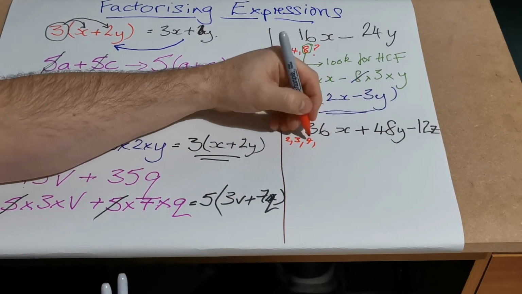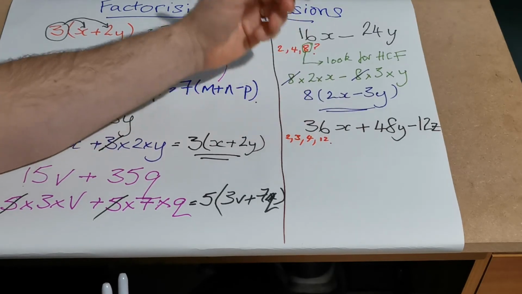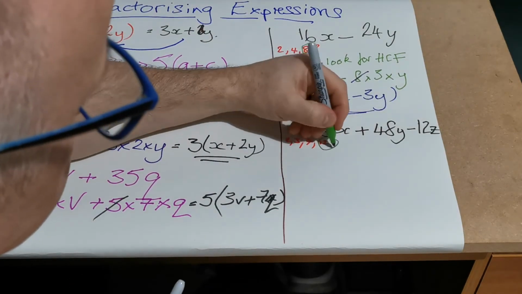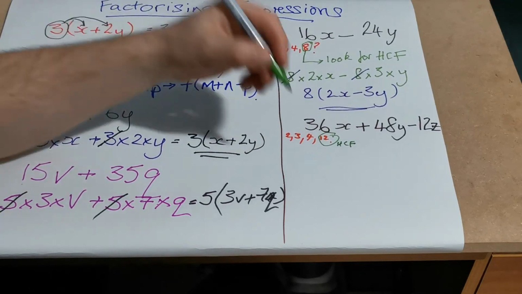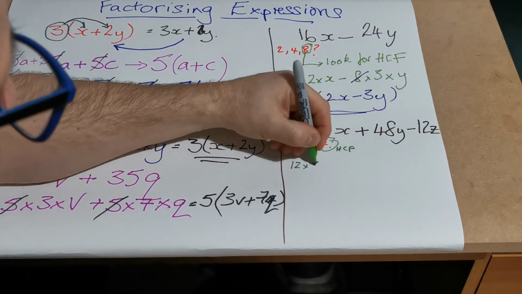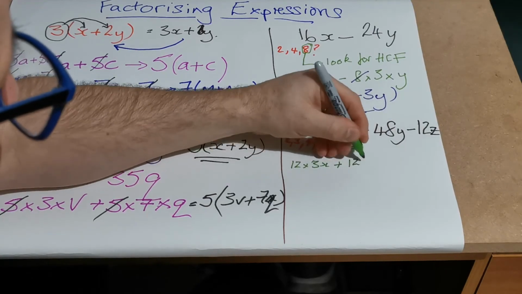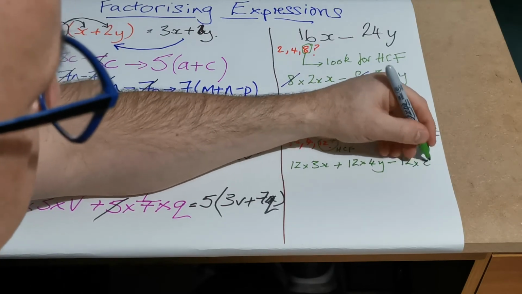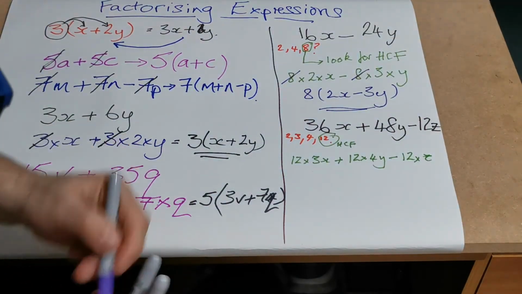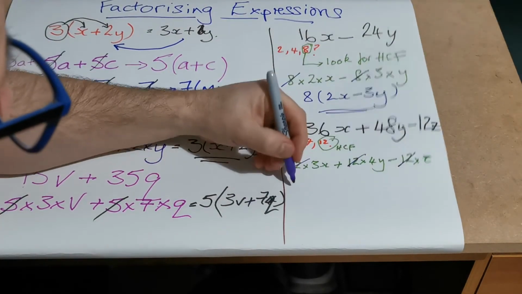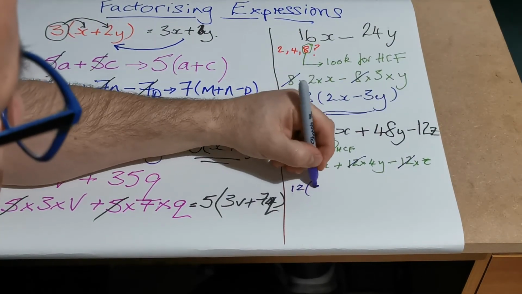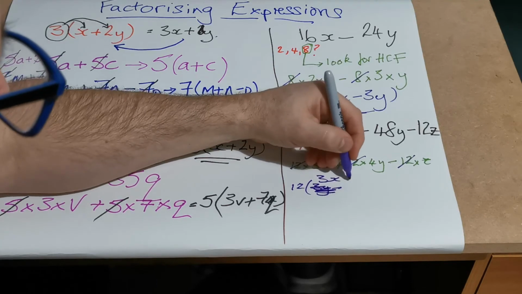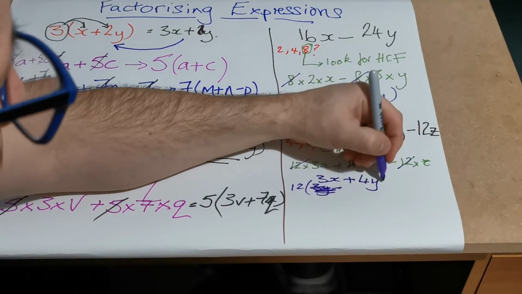Well, if they're in the 3 and the 4 times table, then they must be in the 12 times table. The 12 there is the highest common factor. So we're going to do 12 times 3x + 12 times 4y - 12 times z. So the common factor is 12. Take the 12 out and I'm left with 3x + 4y - z.